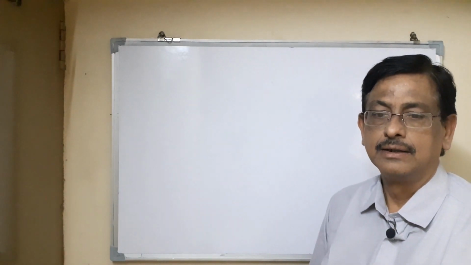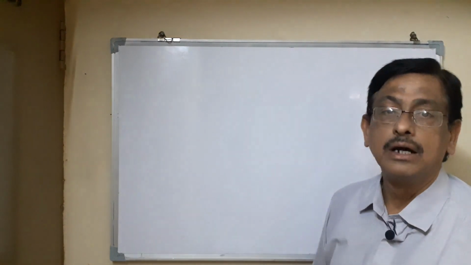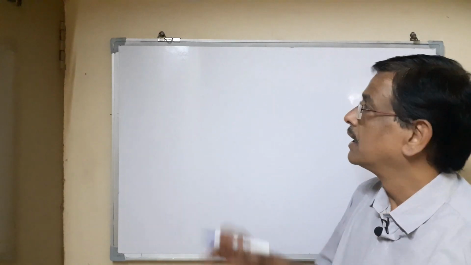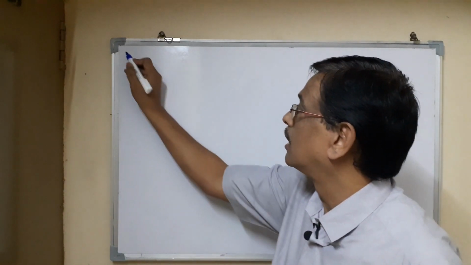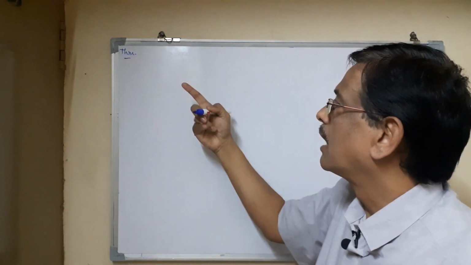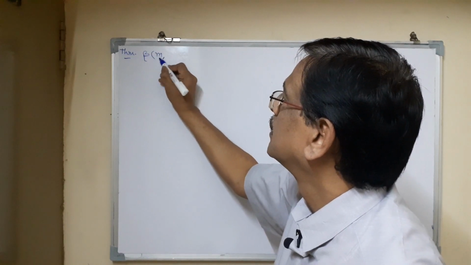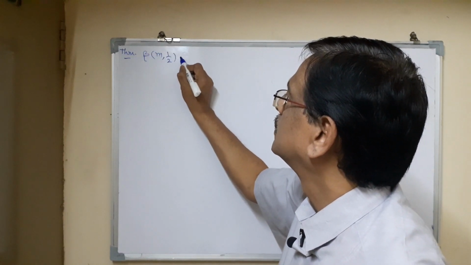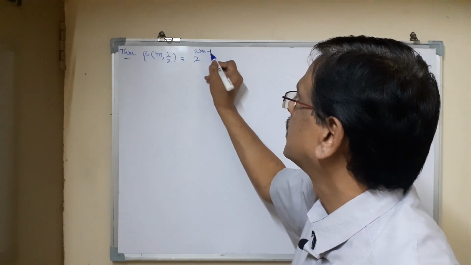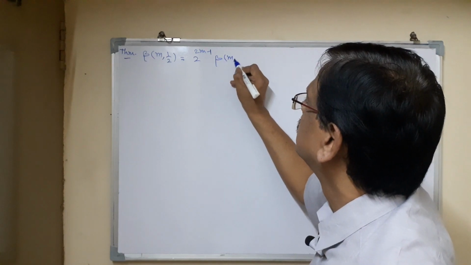In this lecture, I would like to evaluate some more problems on beta gamma functions by using another theorem, a theorem connecting beta of m comma 1 by 2 is equal to 2 power 2m minus 1 beta of m comma m.